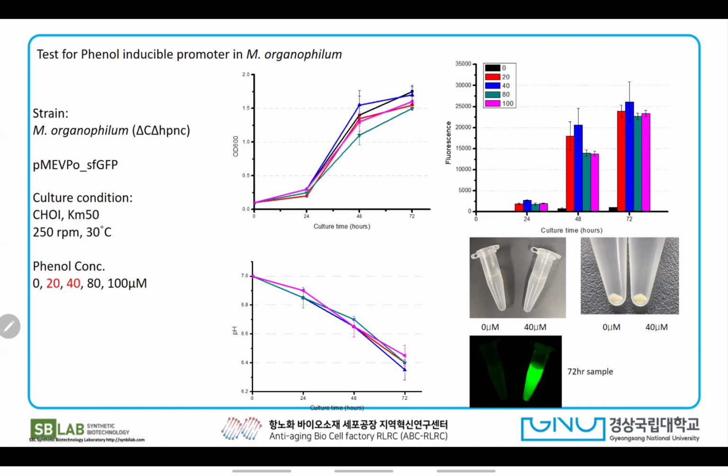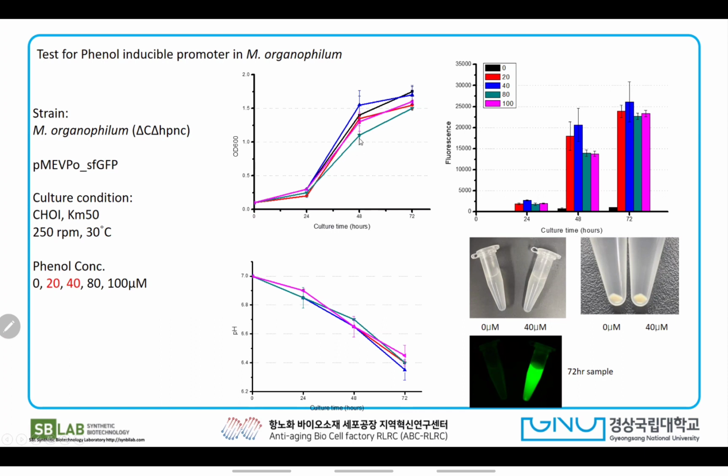Here we used the same construct, PMEV, PO, with SFGFP. And we tested 0, 20, 40, 50, and 100 micromolar concentrations of phenol. We found there was not much significant difference in the growth at these concentrations of induction.